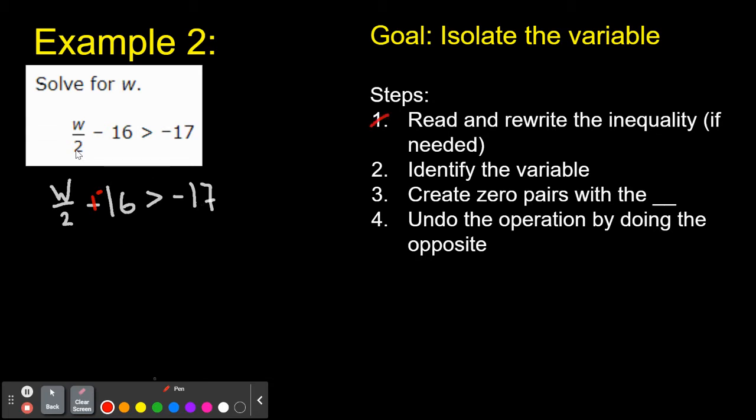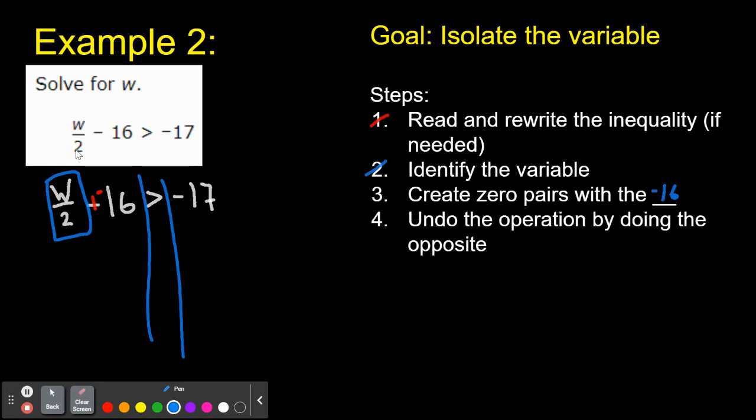Identify the variable. Well, our variable is right there on the left side. It's getting divided by the 2 there. So the first thing we're going to want to do is create 0 pairs with the -16. Remember, it's important to identify the variable so we know what side of the equation we care about looking at. The side of the inequality with the variable is going to dictate what to do here.